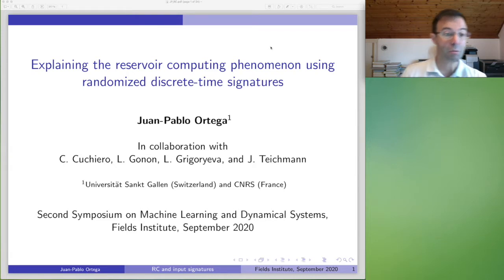So the collaboration is with Christa Cugiero from the University of Vienna, Lucas Gonon, who was my postdoc in St. Gallen, and now he's a professor at the LMU in Munich, Ludmila Grigorieva at the University of Constance, and Joseph Teichmann at ETH.